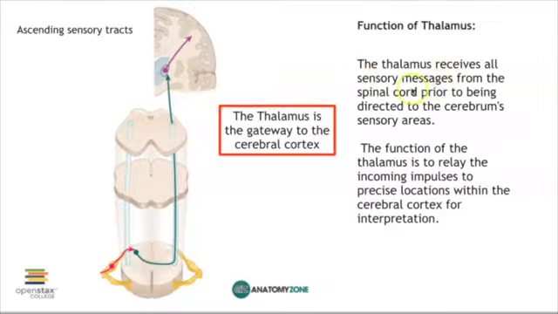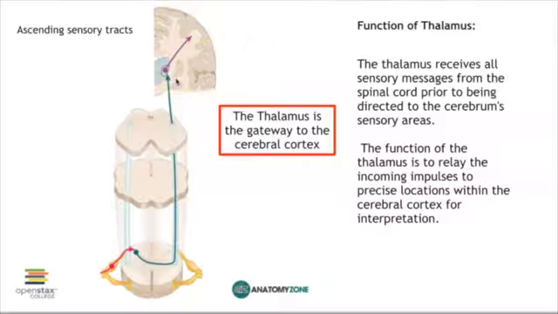The thalamus receives sensory messages from the spinal cord and then directs it to the cerebrum's sensory areas. That is the job of the thalamus. They call it the gateway to the cerebral cortex, but it is all sensory information that it's sending into the cerebral cortex.